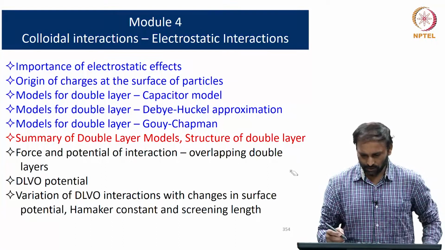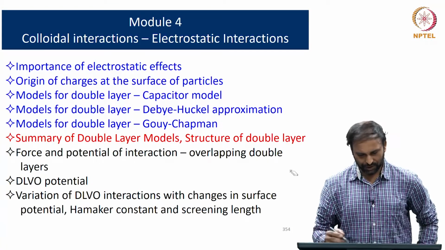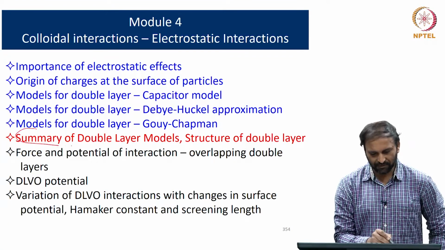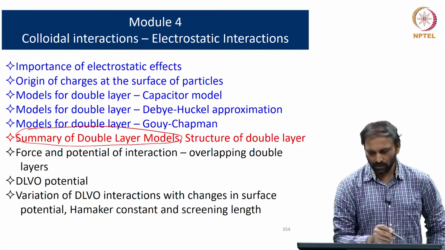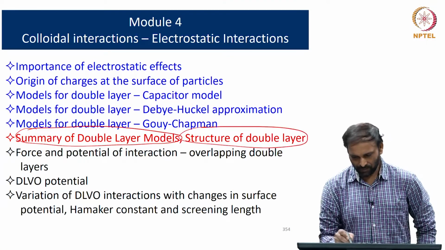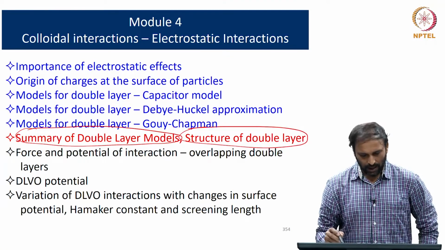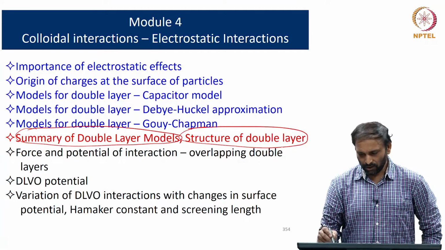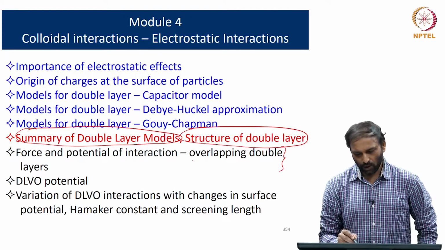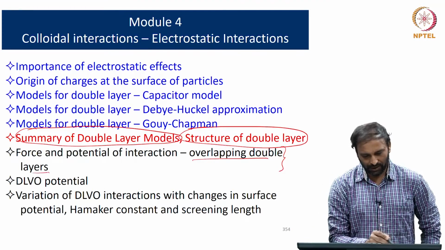Okay, so in today's lecture, we'll start with discussing the summary of electrical double layer models, followed by structure of the double layer, and then we will move on to think about what happens when there is overlap of the double layers.